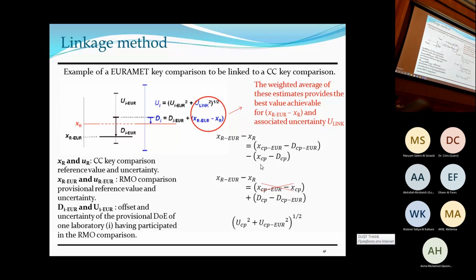You have a key comparison for multiples and submultiples. And you have one for 50 kilograms, and that's it. So for example, someone wants to publish CMCs in balance calibrations. There's no key comparison for that, and there will never be. How can you do that?